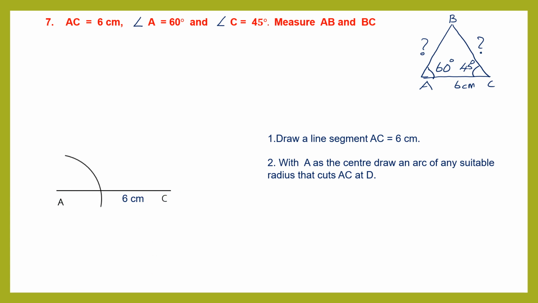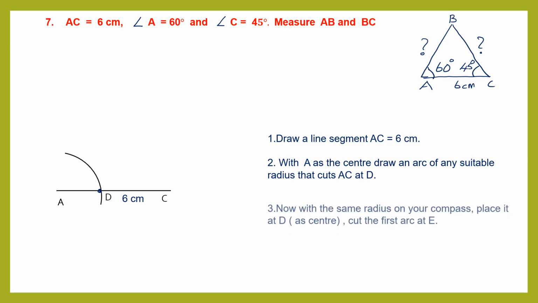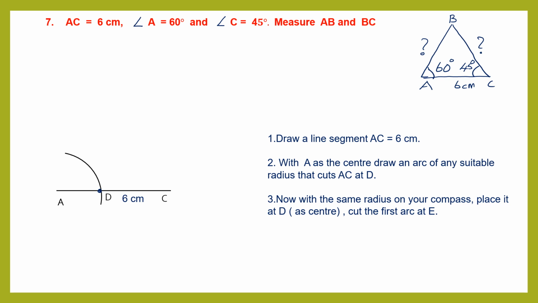So let's do that. So we have an arc that has cut AC. Now this point where the arc has met the line, we will name it D. Now, with the same radius on your compass, place it at D as a center and cut the first arc.